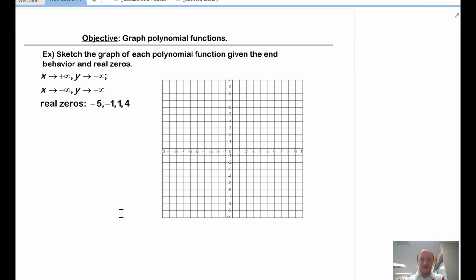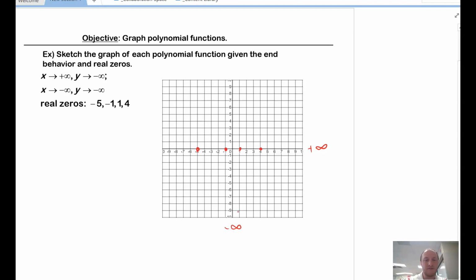We're asked to sketch and graph each polynomial function given the end behavior and real zeros. So again, I have my scale ready to go, and we have zeros at -5, -1, 1, and 4. We're told that as x goes to positive infinity, which is out here, y goes to negative infinity down here.